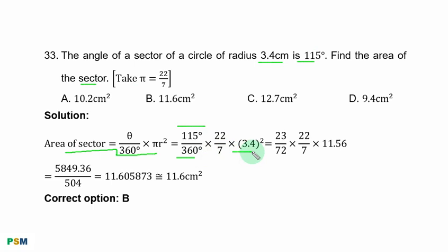When you simplify and reduce, you have this result. After multiplication and division, you have this result to 1 decimal place or 3 SF. The area of the sector is approximately equal to 11.6 square centimeters. The correct option is B.